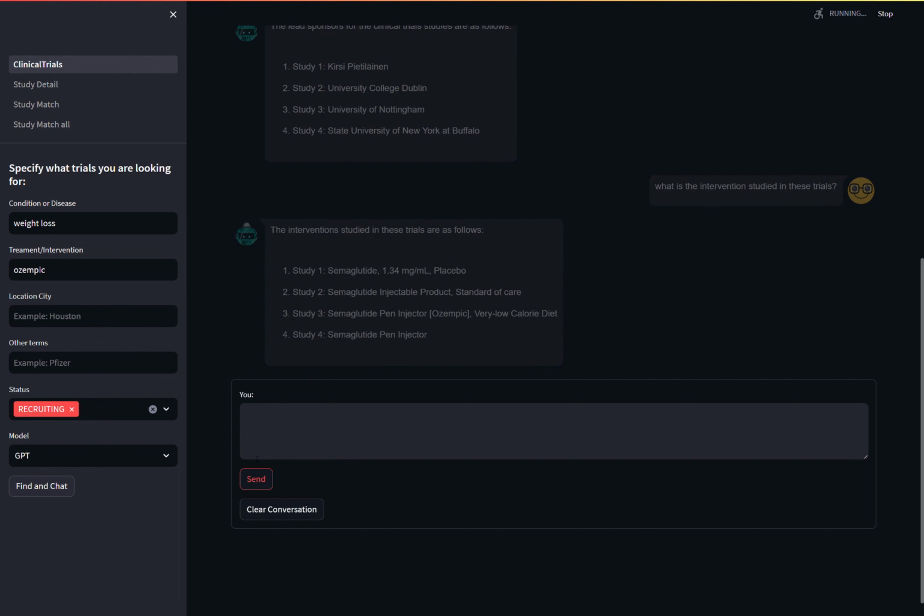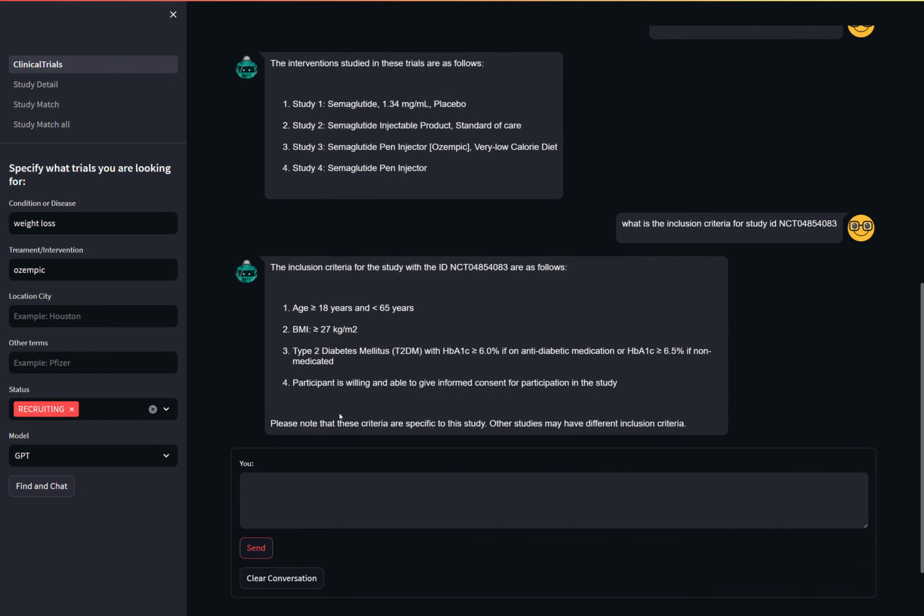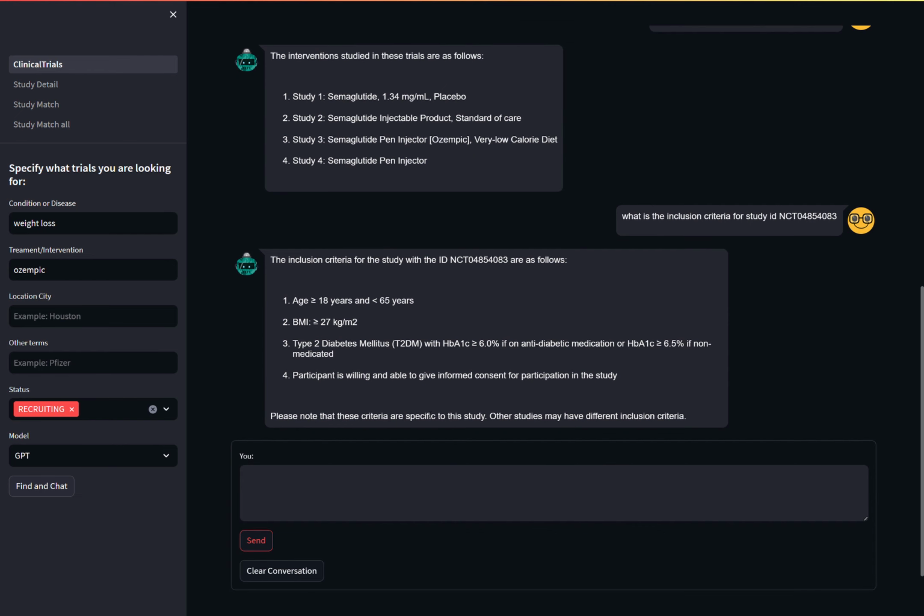Then again, the language model is able to understand what I'm asking. It says that the inclusion criteria for that study is 18 years of age and under 65 years, BMI over 27, and other things that the study outlines as the inclusion criteria.